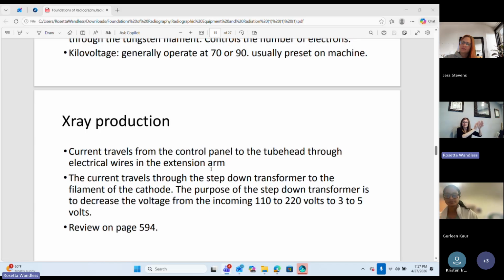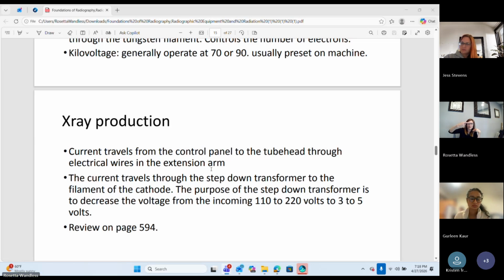You're just walking through the parts. Okay, so we'll do it one more time. Electricity coming in from the wall. Electricity going through my extension arm. Electricity getting stepped down or stepped up in my transformer. My electrons hanging out in my cathode, my negative section. I hit exposure button. My focusing cup drops.